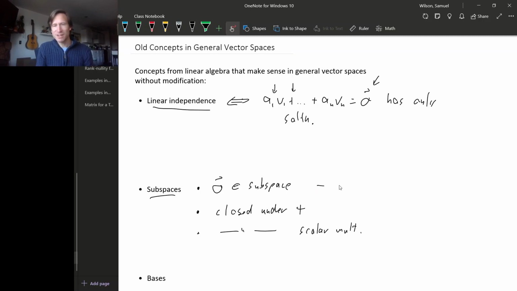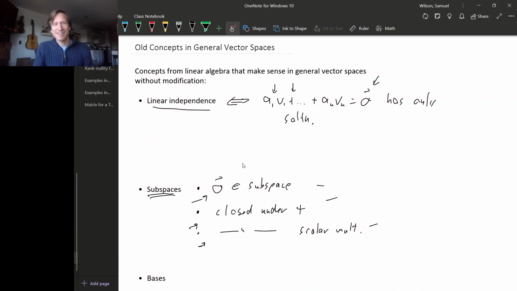But again, these three all make sense in terms of general vector spaces. So a subspace of a general vector space is just some subset that contains 0, is closed under addition, and is closed under scalar multiplication.